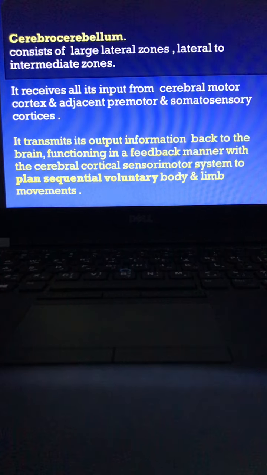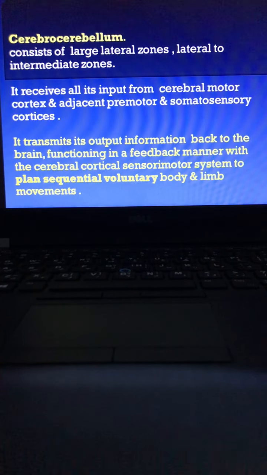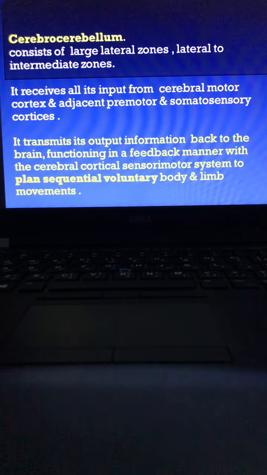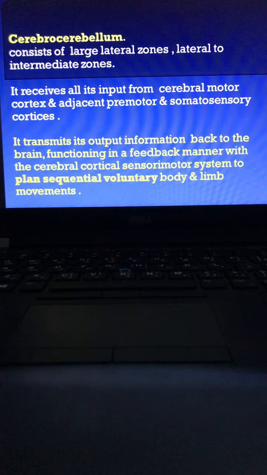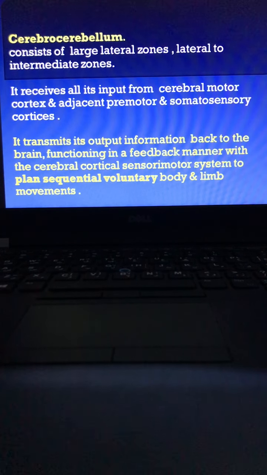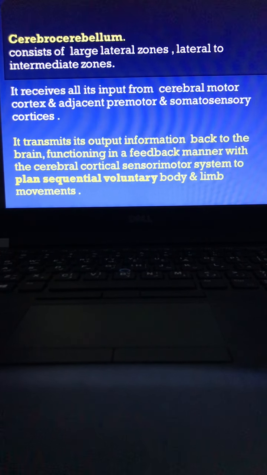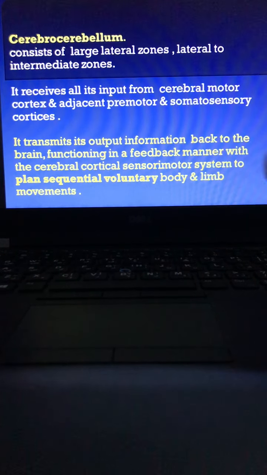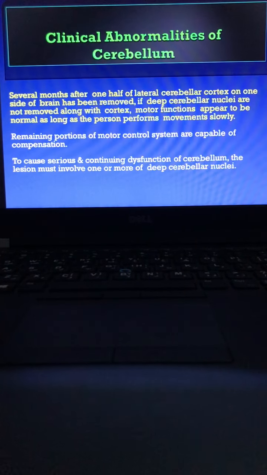Number 3, the cerebrocerebellum, large lateral zones lateral to the intermediate zone of the cerebellum, receives all its input from the cerebral motor cortex and adjacent premotor and somatosensory cortices. It transmits its output information back to the brain, functioning in a feedback manner with the cerebral cortical sensory motor system to plan sequential voluntary body and limb movements. It is responsible for the sequence of the voluntary movement.